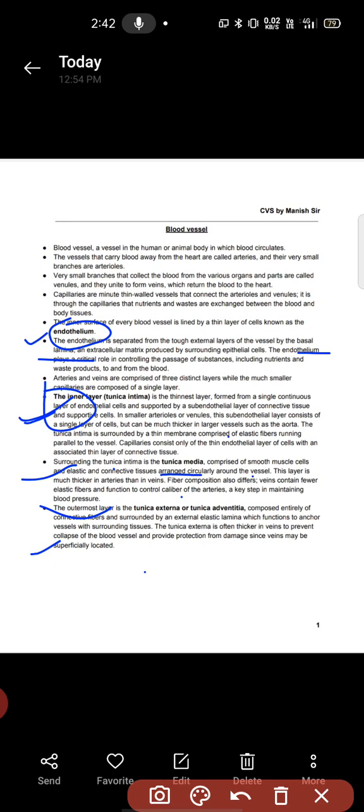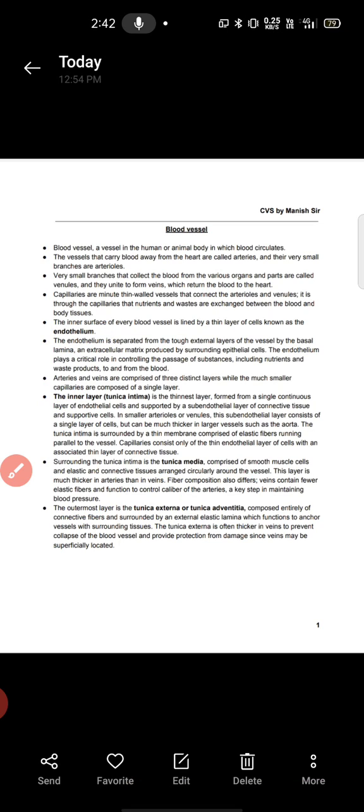The outermost layer is known as tunica externa or tunica adventitia, composed of connective tissue and surrounded by the external elastic lamina. You can see all three layers in this diagram.